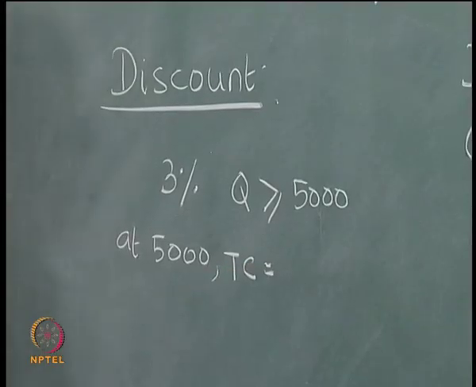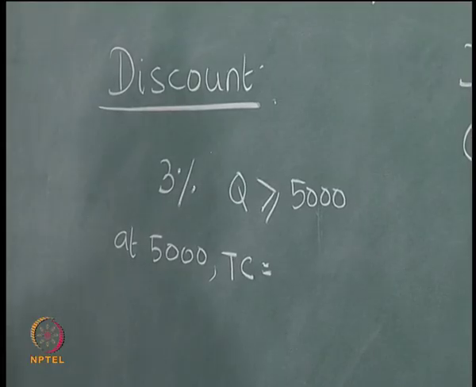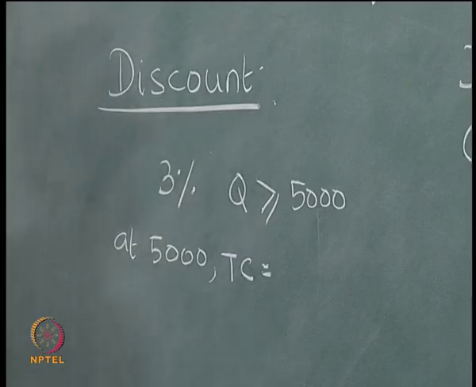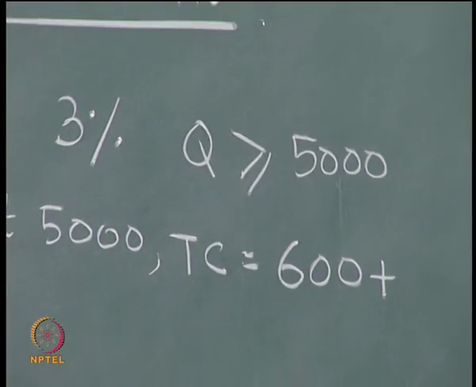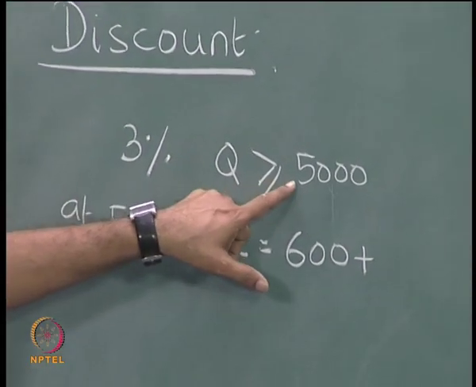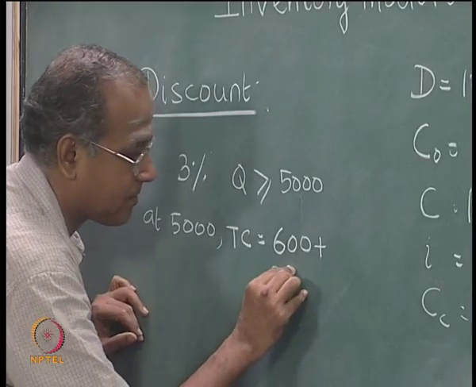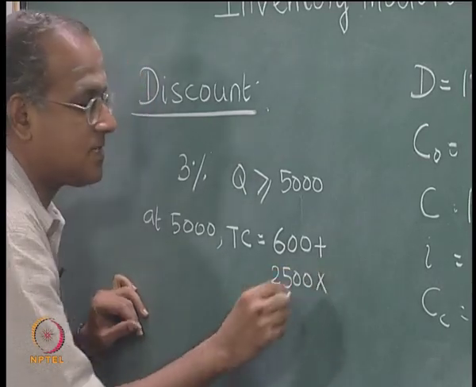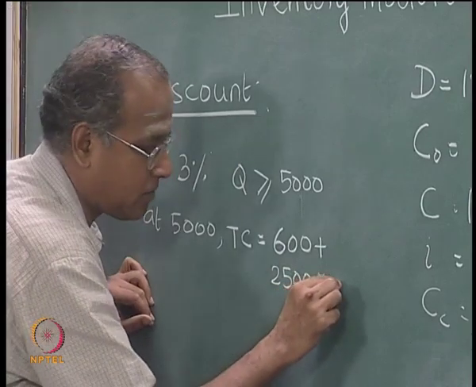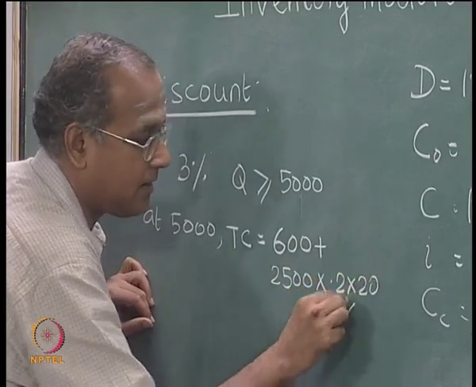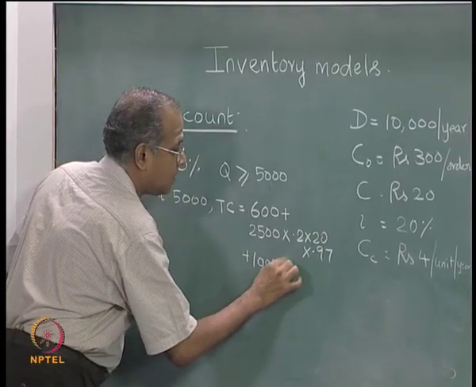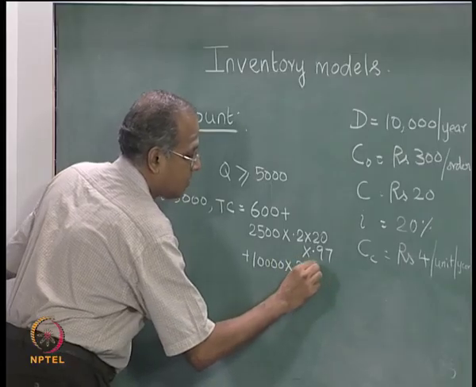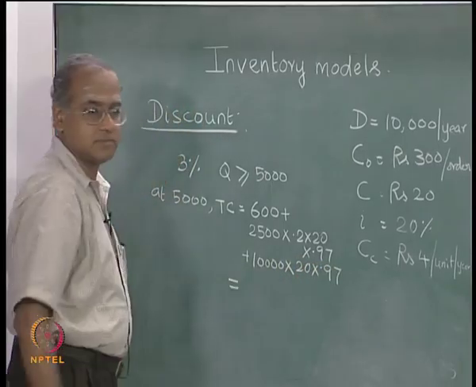At 5000, TC is equal to D by Q into C naught. So, there will be two orders, 10,000 divided by 5000 is 2. So, 2 into C naught is 600 plus Q by 2, 2500 into CC, which is 0.2 into 20 into 0.97 plus 10,000 into 20 into 0.97.